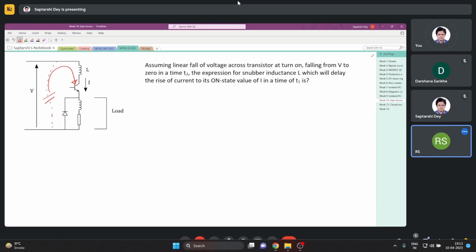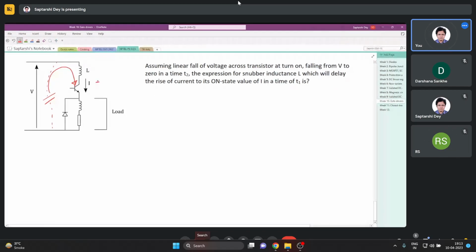So the question is, assuming linear fall of voltage across the transistor at turn on, falling from V to 0 at time t2.